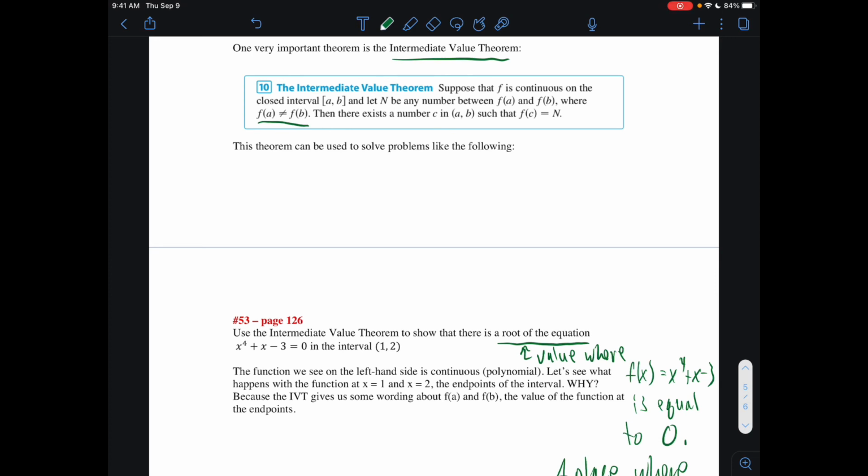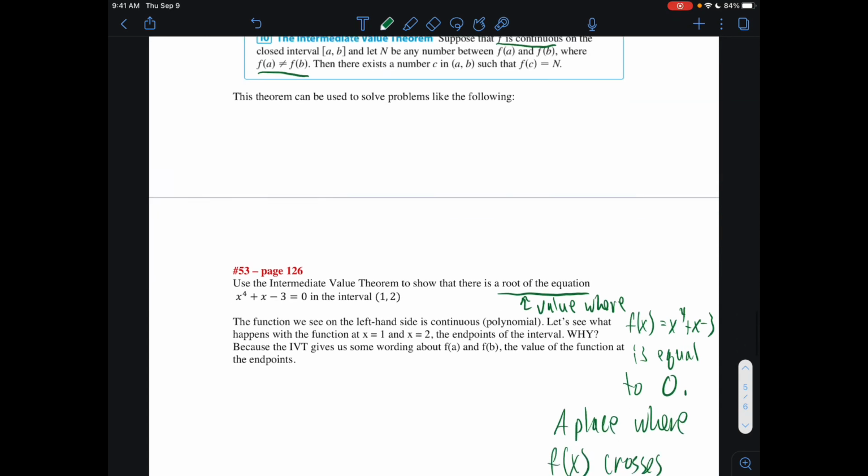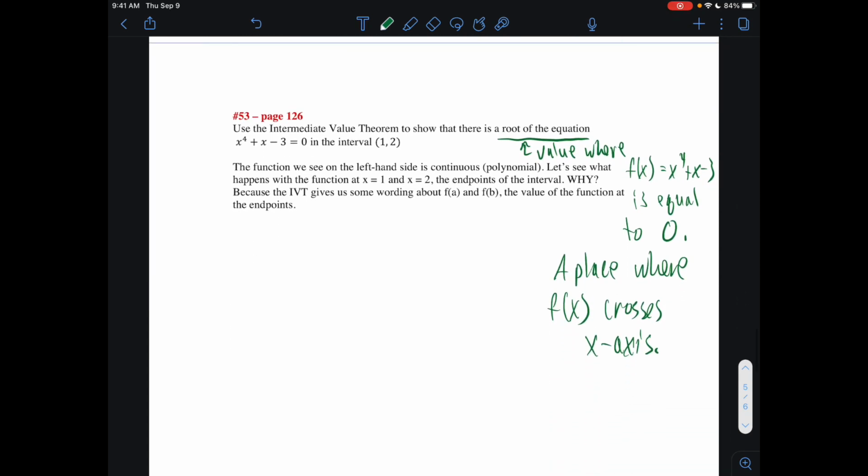So suppose that f is continuous. Okay, we got that. Let n be any number between f of a and f of b, where the endpoints of the interval, a and b, when we plug those into the function values are not the same. So to see how we can use the intermediate value theorem, let's actually plug in our endpoints of the interval, 1 and 2.